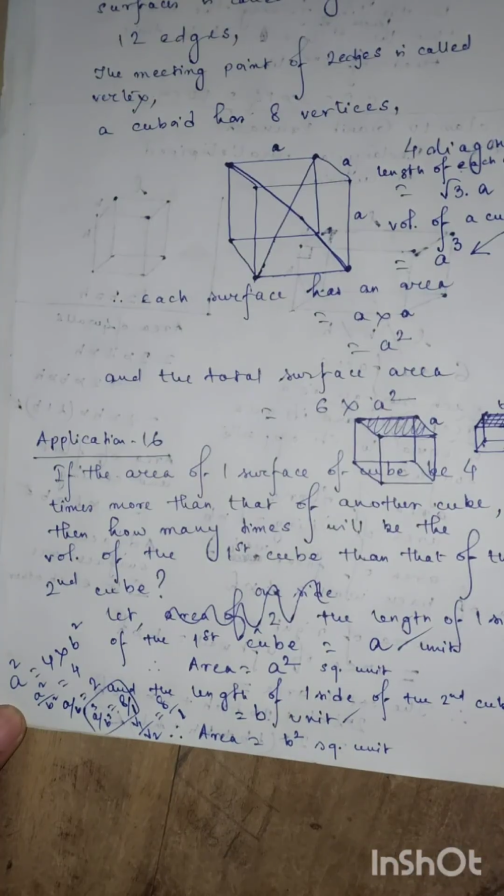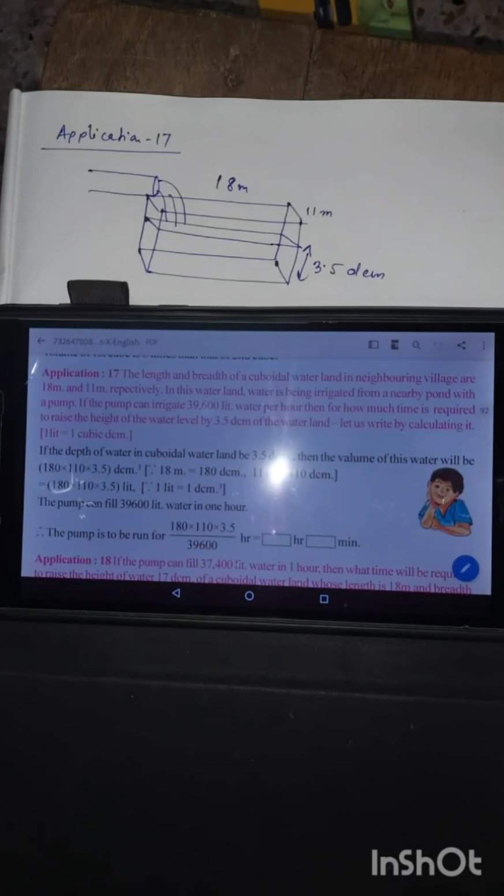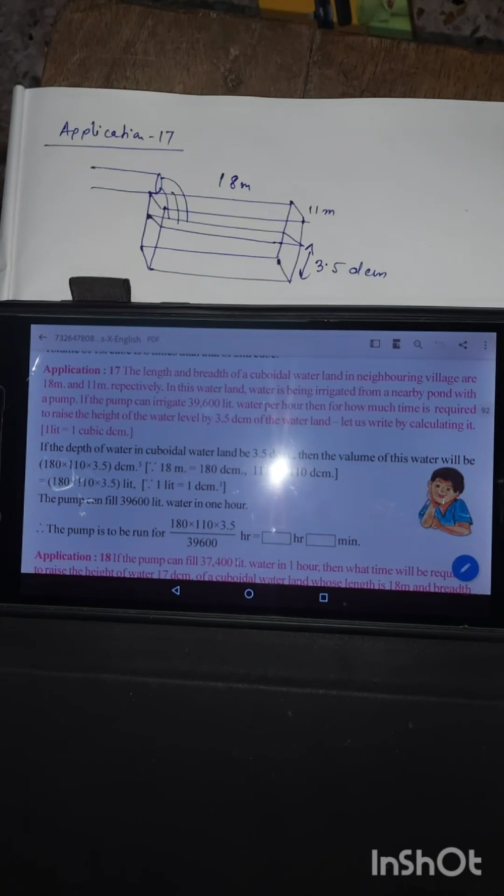Now friends, let us proceed to our next question. Application 17 says the length and breadth of a cuboidal water land in a neighboring village are 18 meter and 11 meter.